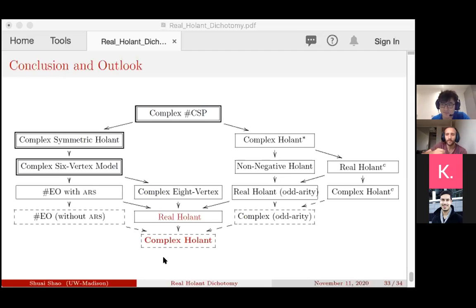Are there natural counting problems which cannot be expressed as a real valued Holant problem, but can be expressed as a complex valued Holant problem? Yes, there are problems that cannot be expressed by real valued Holant problems. First, there are new tractable cases in the complex valued setting, so these problems are tractable by a new algorithm.